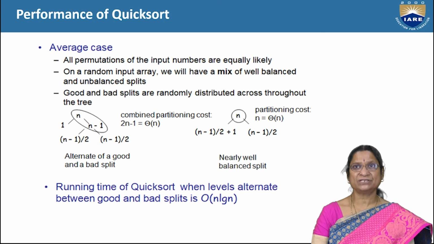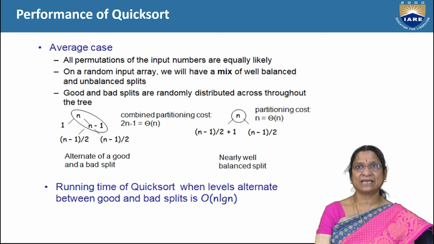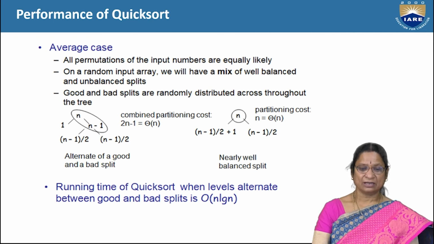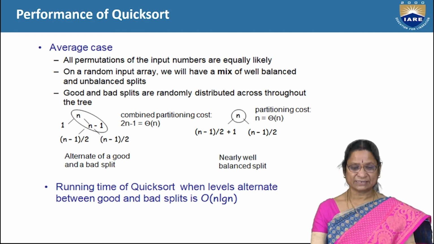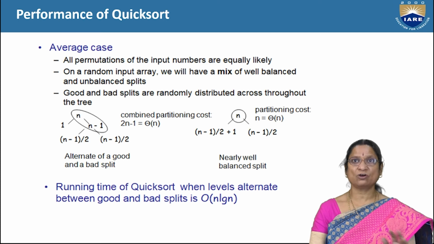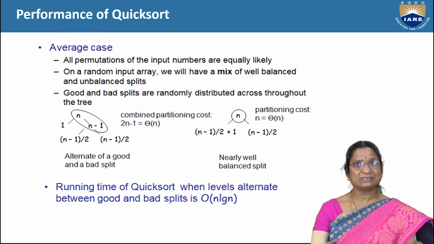That is, if all permutations of input numbers are equally likely and a random input array mixes well balanced and unbalanced splits, so good and bad splits are randomly distributed throughout the tree, then the average case performance is considerable. N is divided into 1 to n minus 1. Again, n minus 1 is further divided into half. That is a combination of best and worst cases.